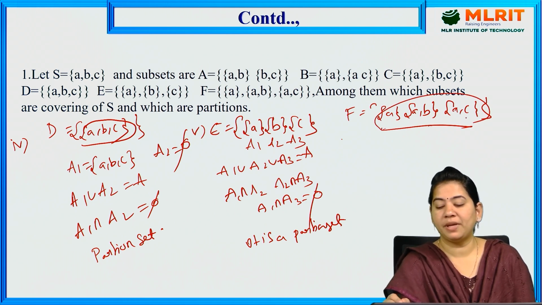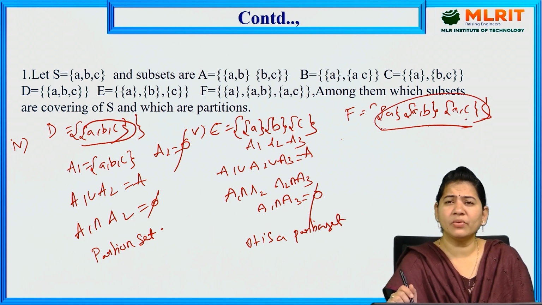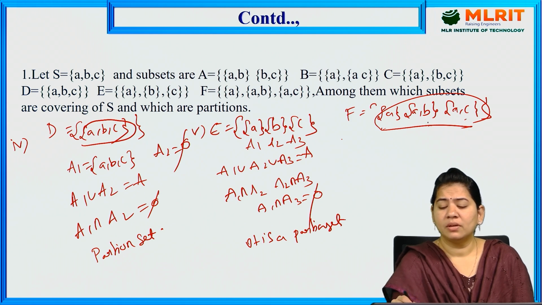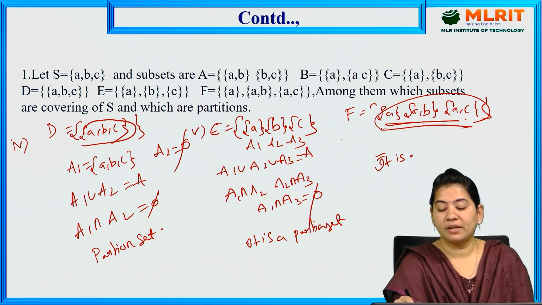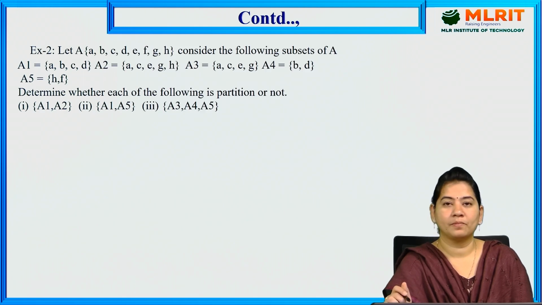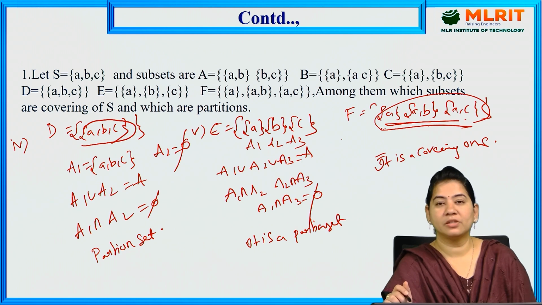Because A is there, B is there, C is there. Coming to the second condition, A is there in all the elements, meaning A is common in all the elements. So you definitely will get the common element, then it is called a covering set. It is a covering set, yes.